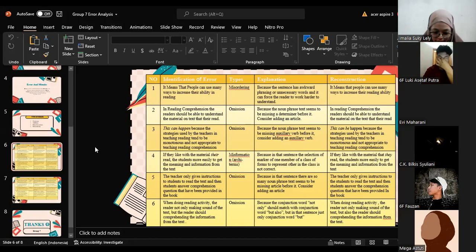Types of error is omission, because in that sentence there are so many noun phrase text seems to be missing article before it. Consider adding an article. And reconstruction is the teacher only gives instruction to the students to read the text, and then students answer the comprehension question that have been provided in the book.